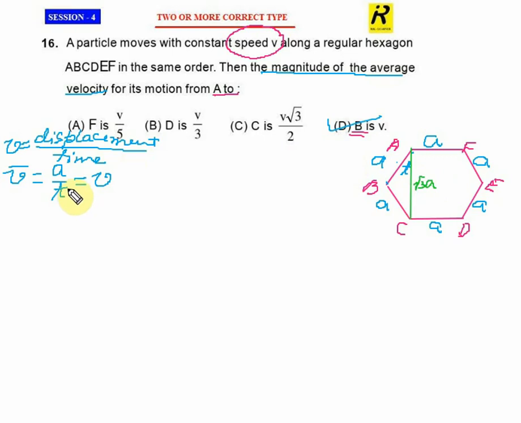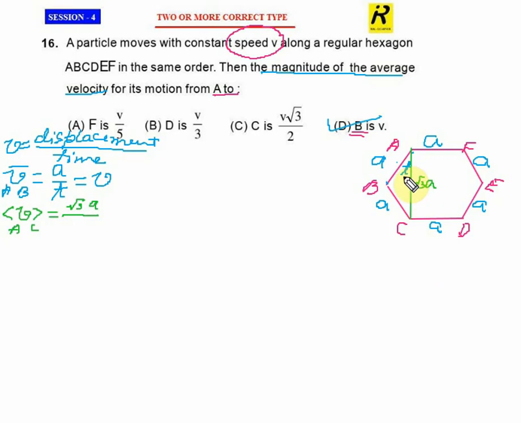So now the displacement is nothing but root 3 into A, and this is also one of the symbols we may use instead of writing this: average velocity from A to C. So this is from A to C, and obviously this is from A to B, and now I am working on A to C. So average velocity from A to C is nothing but the ratio of root 3 into A divided by the total time taken.